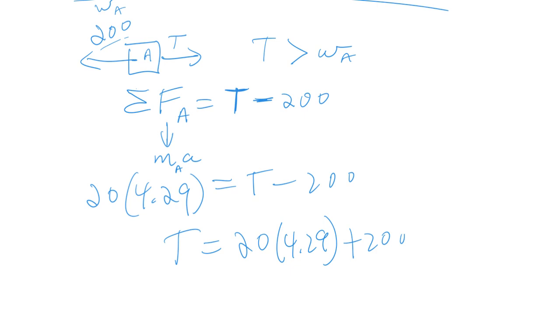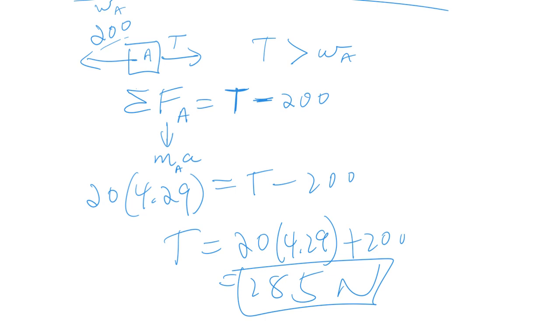That equals 285 newtons. No, actually 285.8, so it's 286 newtons. Okay, if I do the same thing for the other block, I get the same answer for the tension.